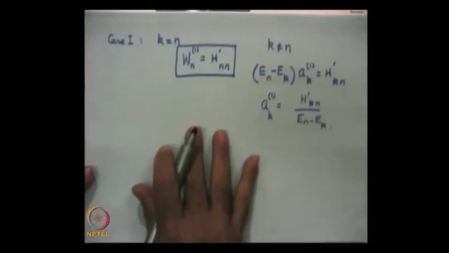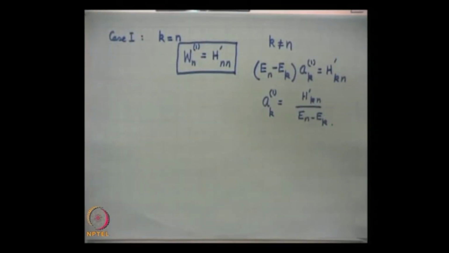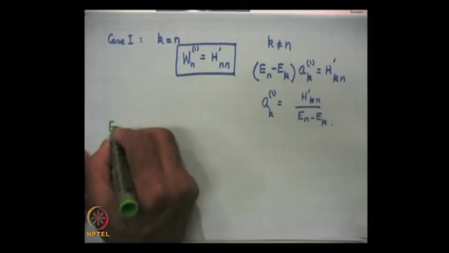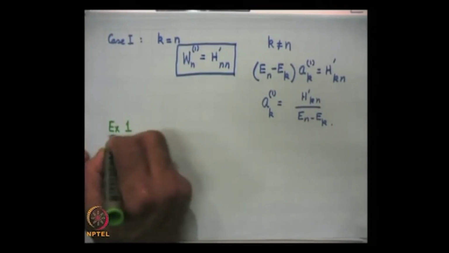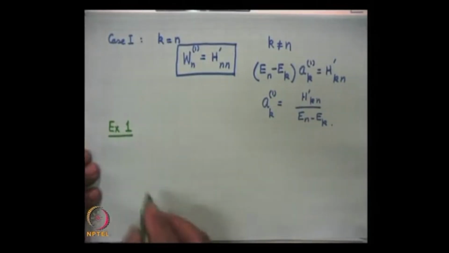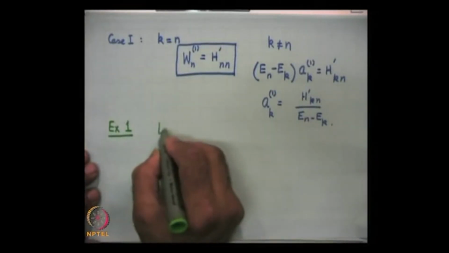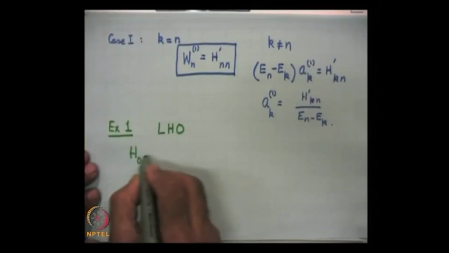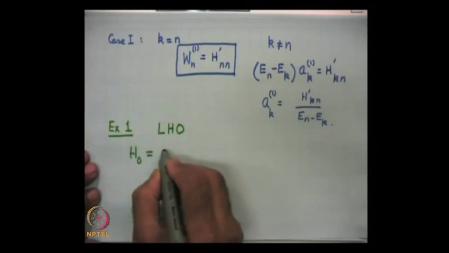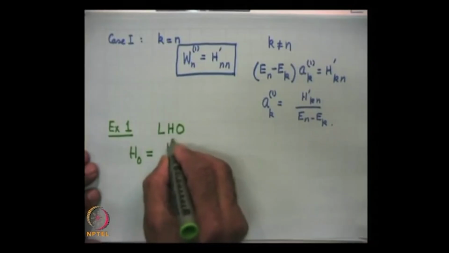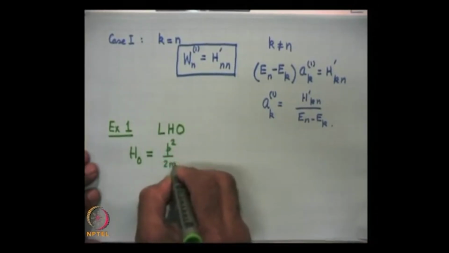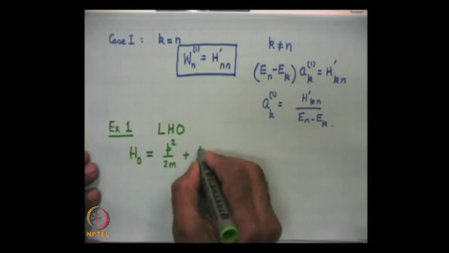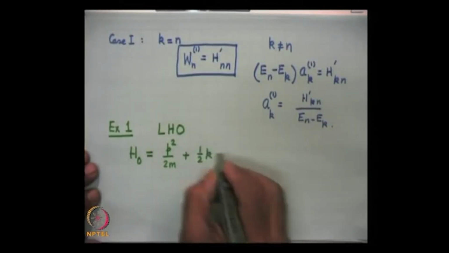Now, let me give a simple example. Example 1: let us consider the linear harmonic oscillator problem, and let H naught be equal to p square by 2 m plus half k x square.